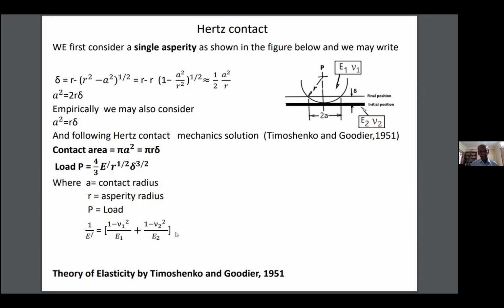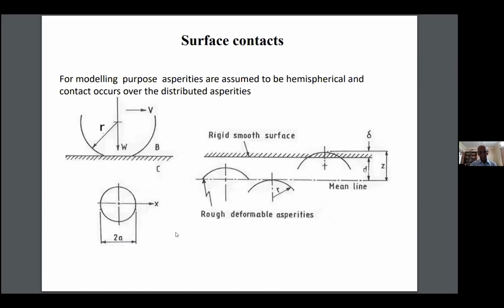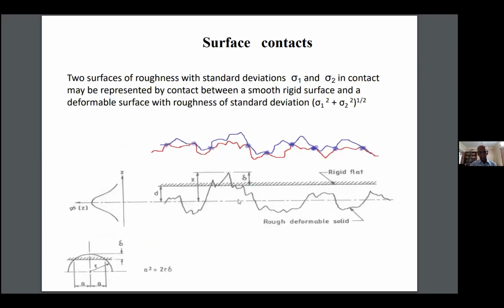And this is very simple, and it can be shown during derivation that it comes out like this. It is necessary to do this because, as we have shown earlier, I'll just go back a few slides, we have converted the two surfaces into one deformable surface and one rigid flat surface.